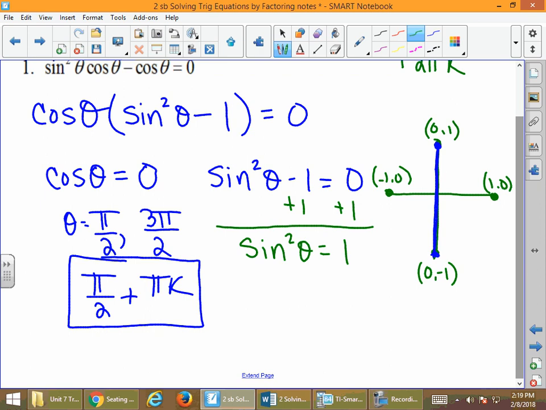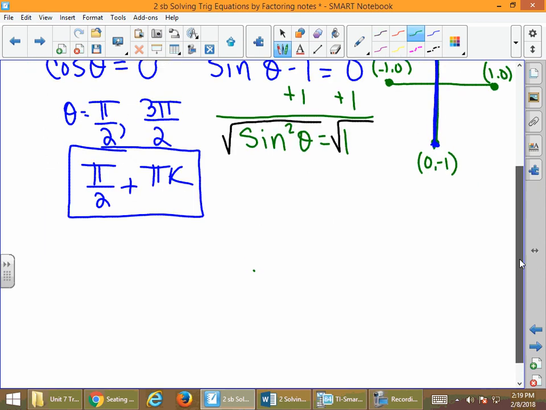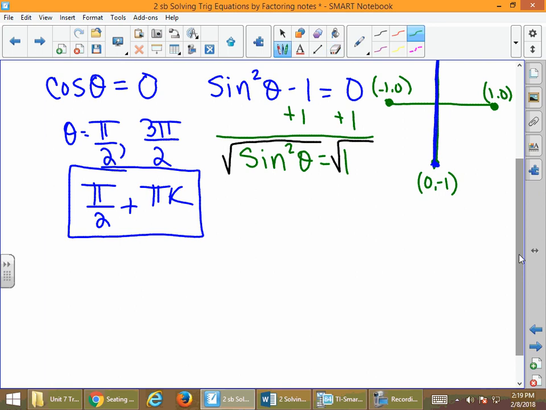So we need to undo that square, which is we're going to take the square root of both sides. Now when we take the square root of both sides, squaring and square rooting cancel each other out, so we get sine of theta. But over here, when we take the square root of 1, it's plus or minus whatever the square root is.